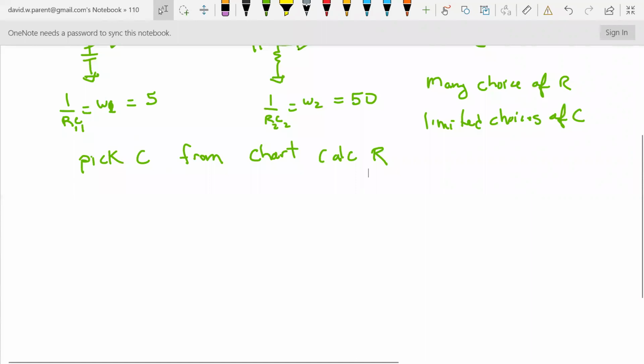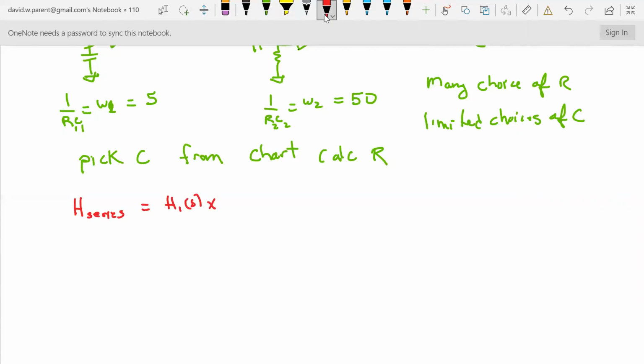All right. Now, the first thing is, and I'm just doing a simplified version of the homework, I'll call it series, would equal H1 of S times H2 of S. And what would that look like in pictorial form?